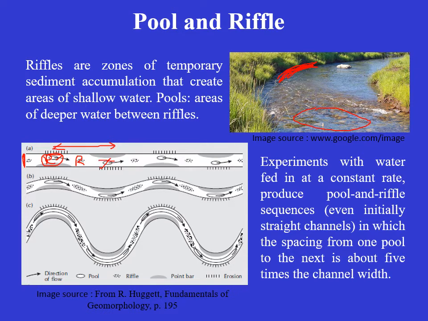alternately. So as I already told, these are the portions of deeper water, that means the maximum volume of water passing through it. So the maximum energy of water is going through these regions.